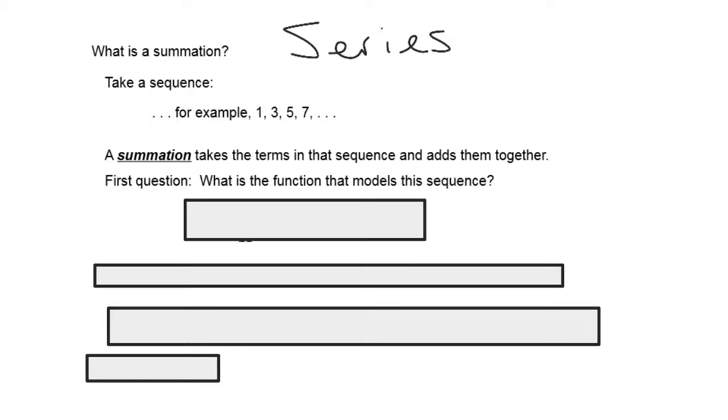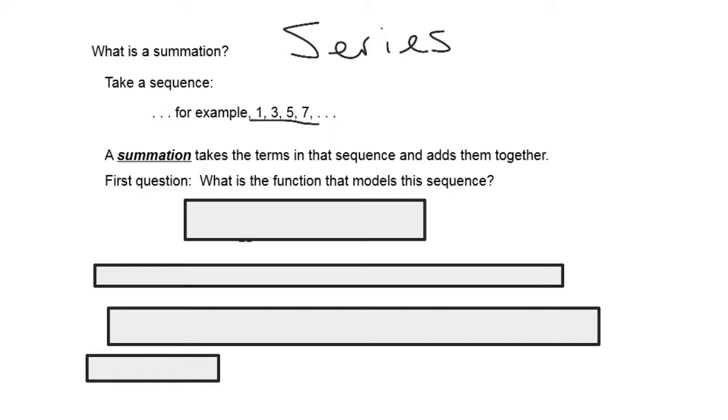Now, can you think about this? Sequence, what did we say models the sequence really well? A function models the sequence really well. So look at this sequence right here, and tell me what function models that sequence. Take a second, pause the video, and think about it.